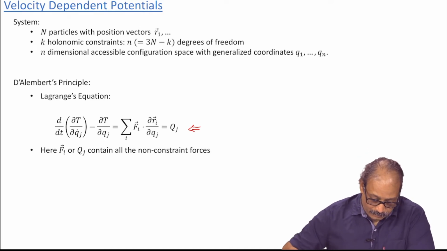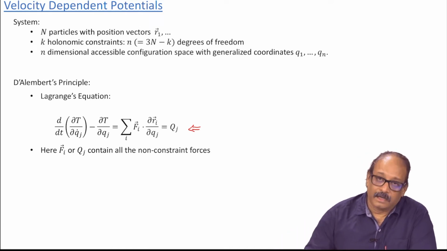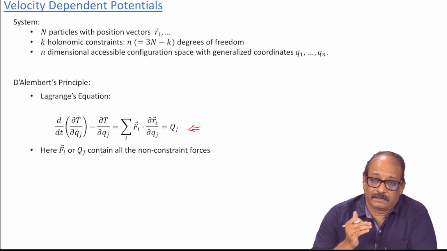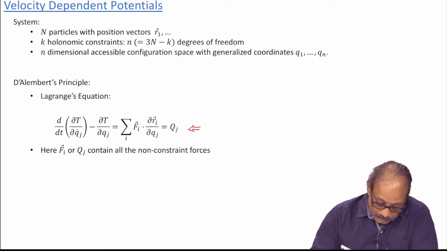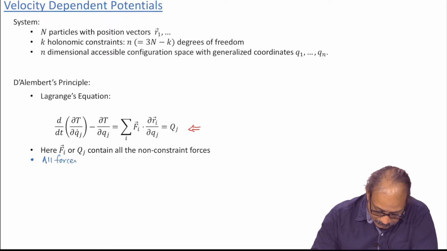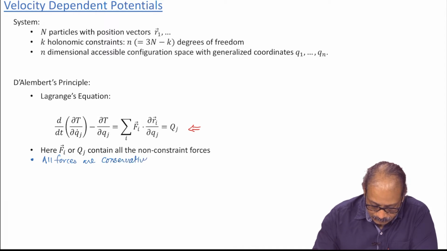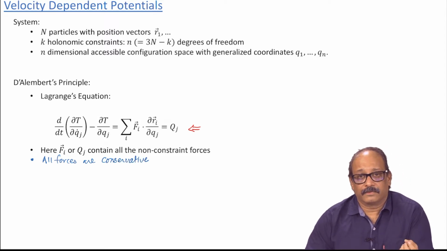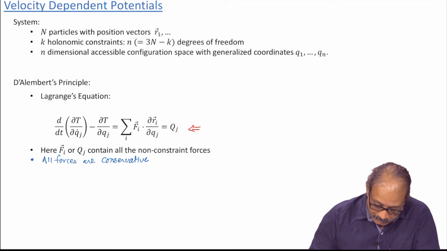Okay. Now, here I can start making things special. Suppose all our forces are conservative. You remember what is the meaning of conservative? That means each one of these forces can be written in terms of some sort of a potential.